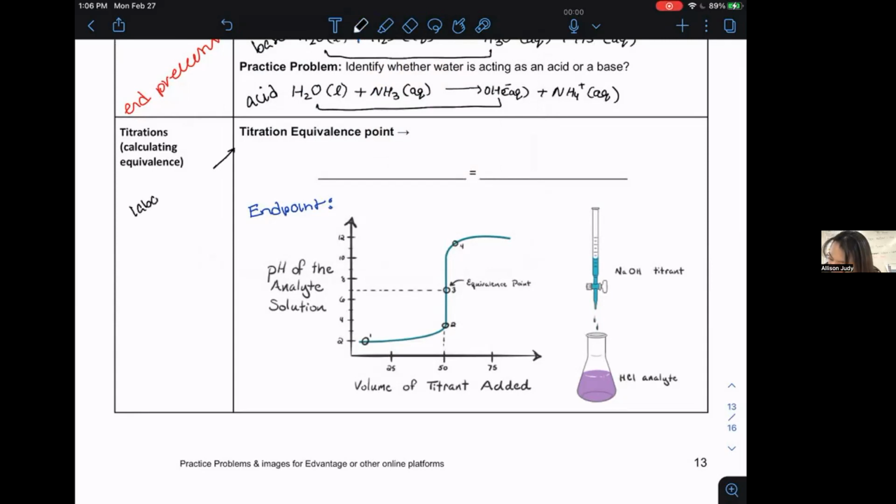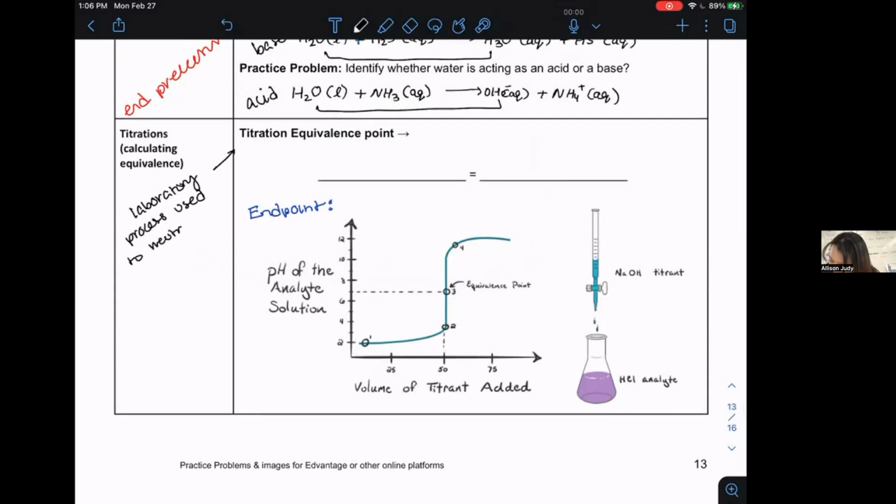This is a laboratory process used to neutralize an unknown molarity solution with a known molarity solution. We call a solution that has the known molarity a standardized solution. Standardized basically tells me I can know it, it's on a table. I can use it for reference, okay?